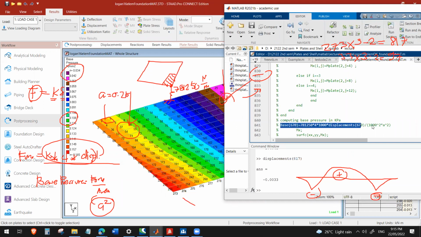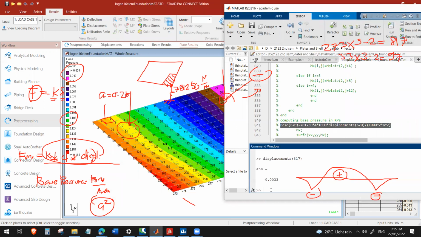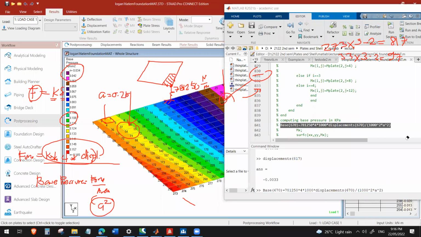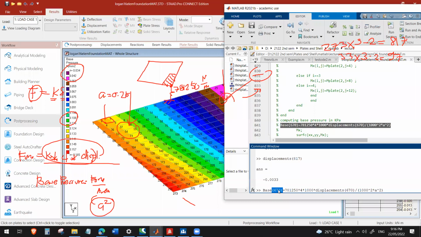So I'll be copying this here. And let's try to find the pressure at 257, or say 240. What's the DOF for 240?